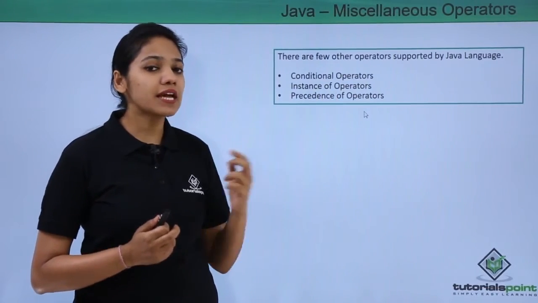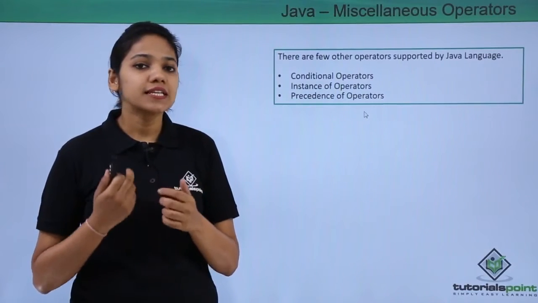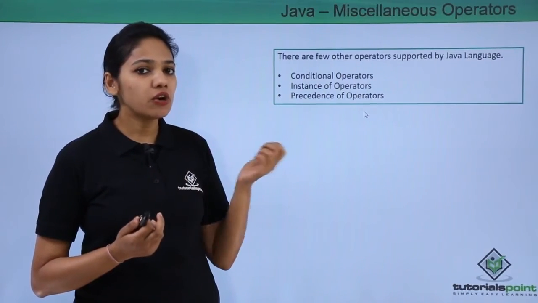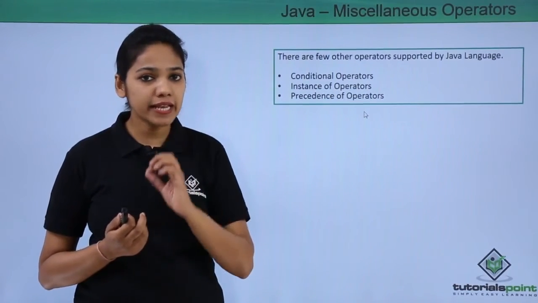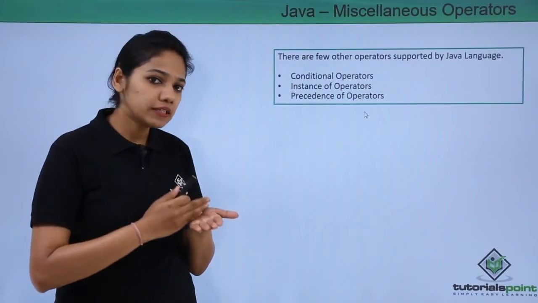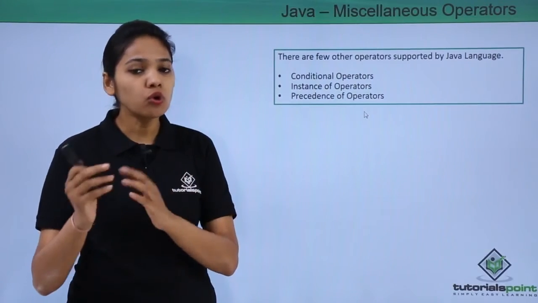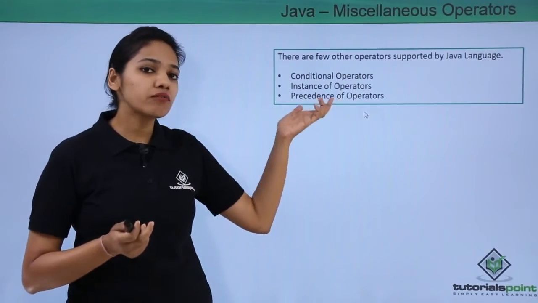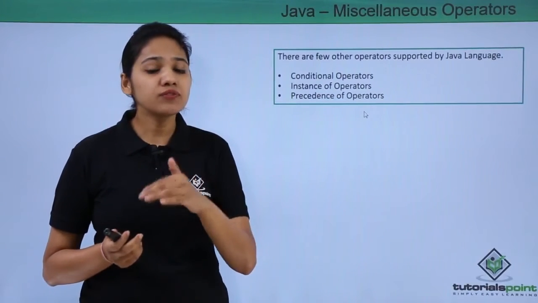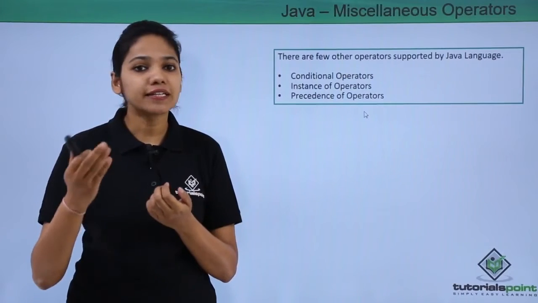These operators help you to perform certain other operations. For example, conditional operators help you understand what value is to be stored in a variable if the expression evaluates to true or false. Whereas the instanceof operator helps you compare whether an object reference is of a particular type or not.